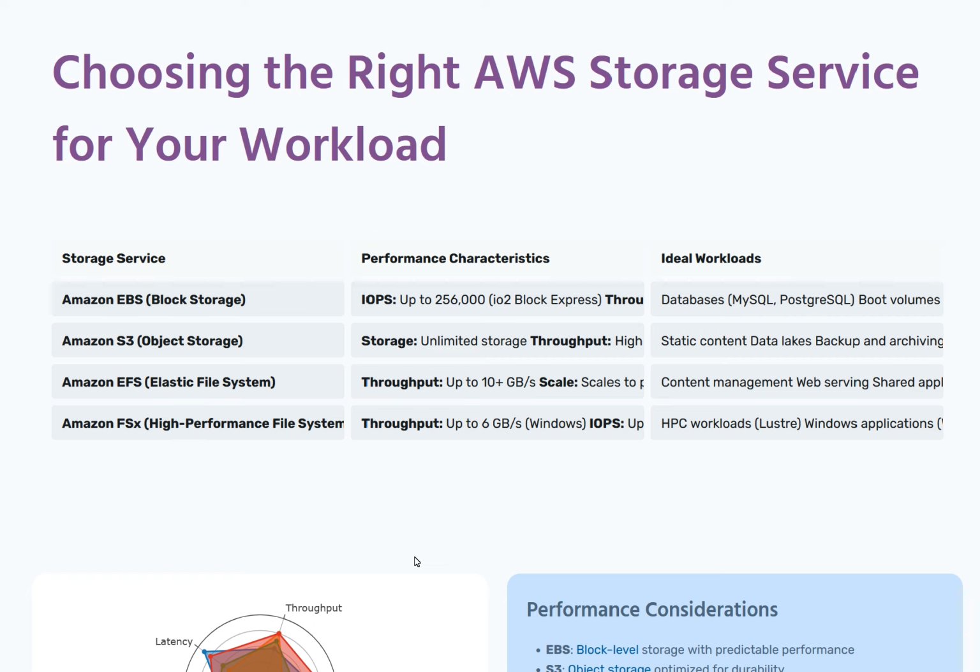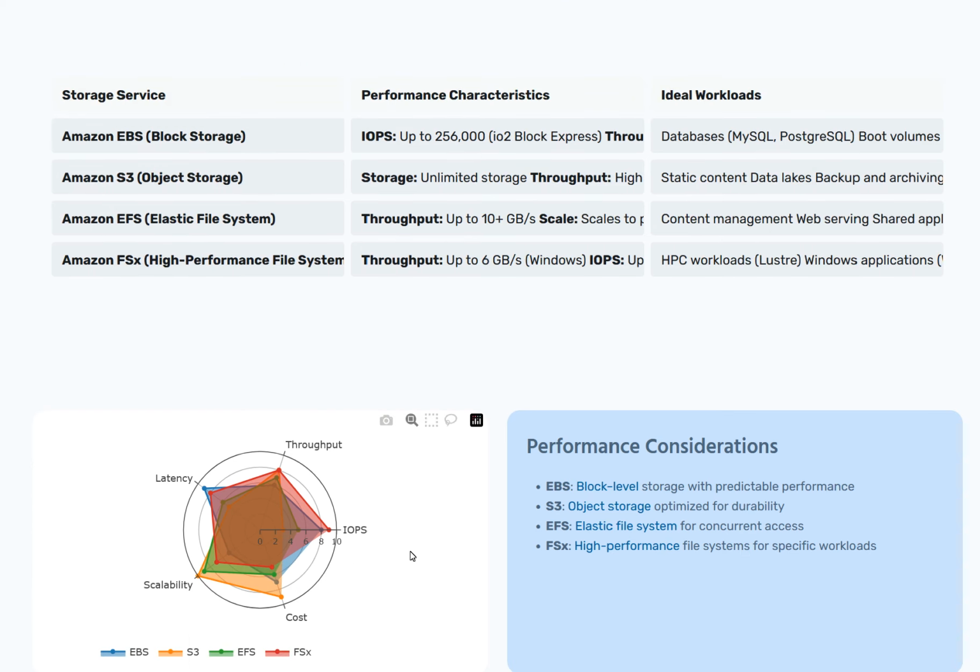Then EFS, right? Throughput is 10 plus GB, and scales up to petabytes. That's good for a network file system, and also FSX is a file hub. Performance throughput is 6 GBs, and IOPS is also high, so you can use it for Windows type application high performance workloads, right?